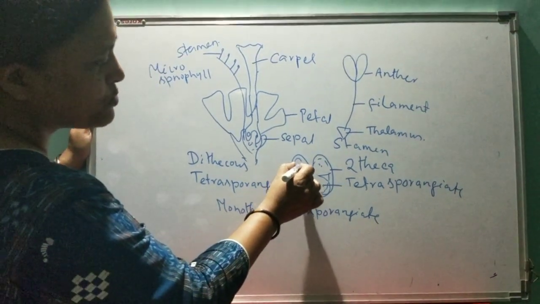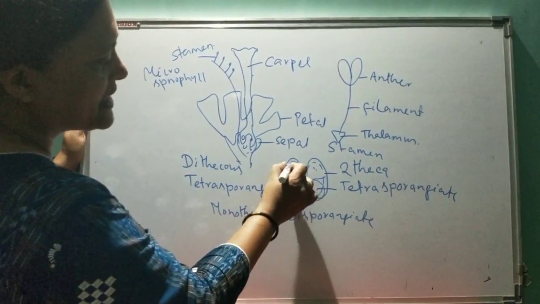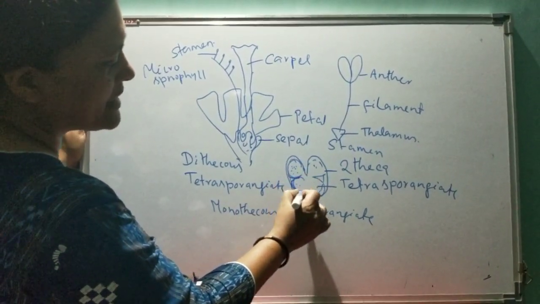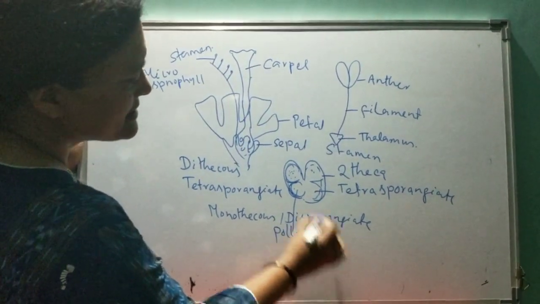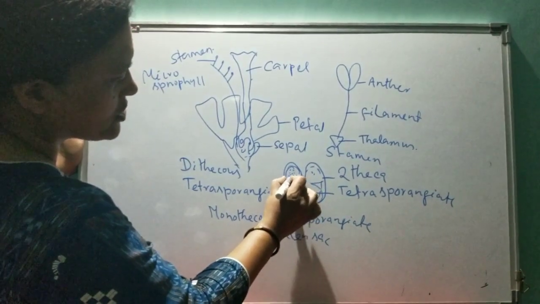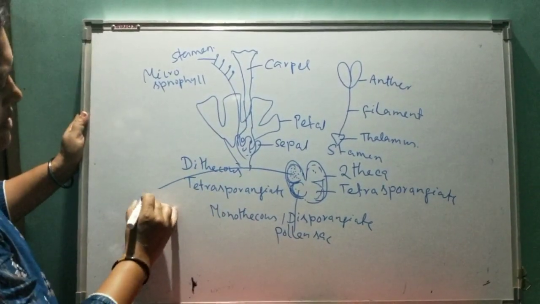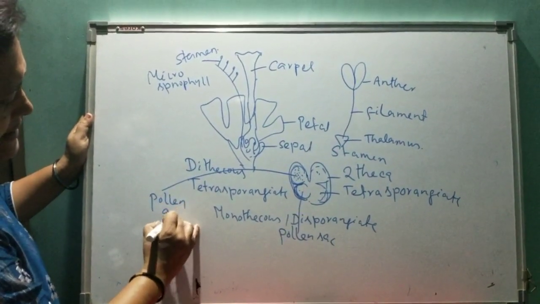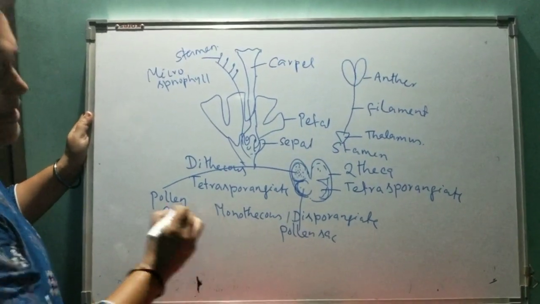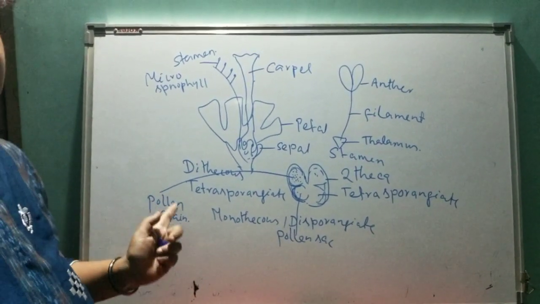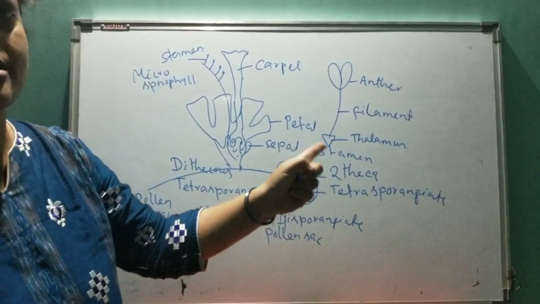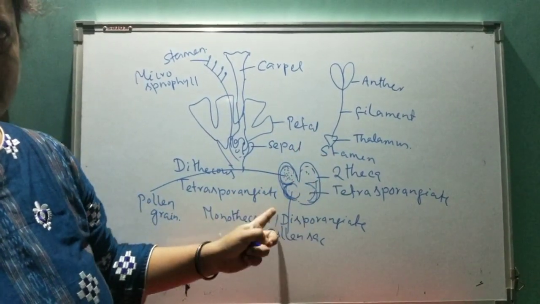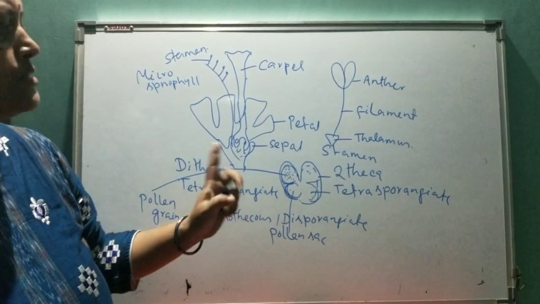This microsporangia develops to form the pollen sac, and inside the pollen sac the dusty structures present are called pollen grains. Now we will study how these pollen grains will be formed. A typical angiosperm is dithecous and tetrasporangiate.